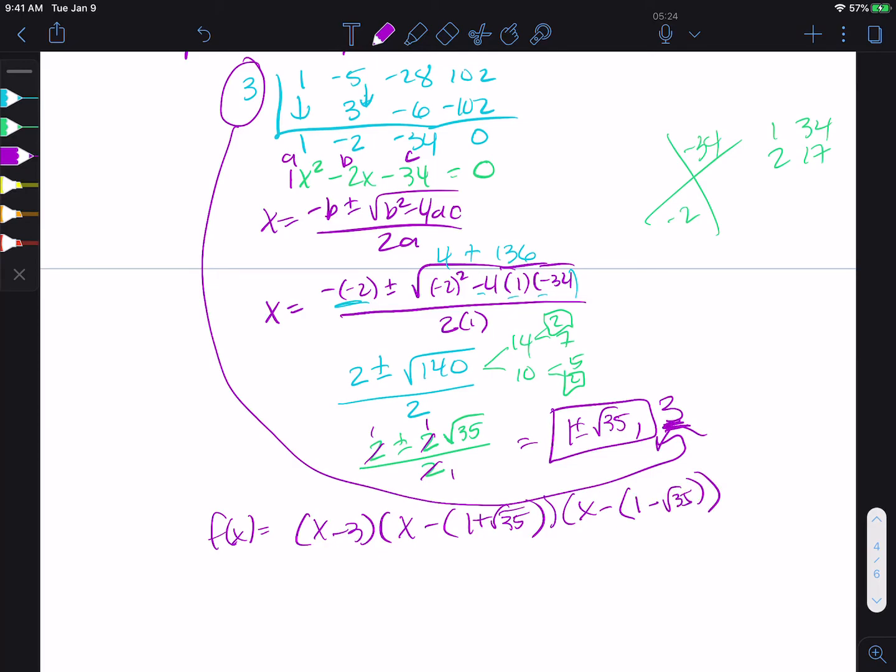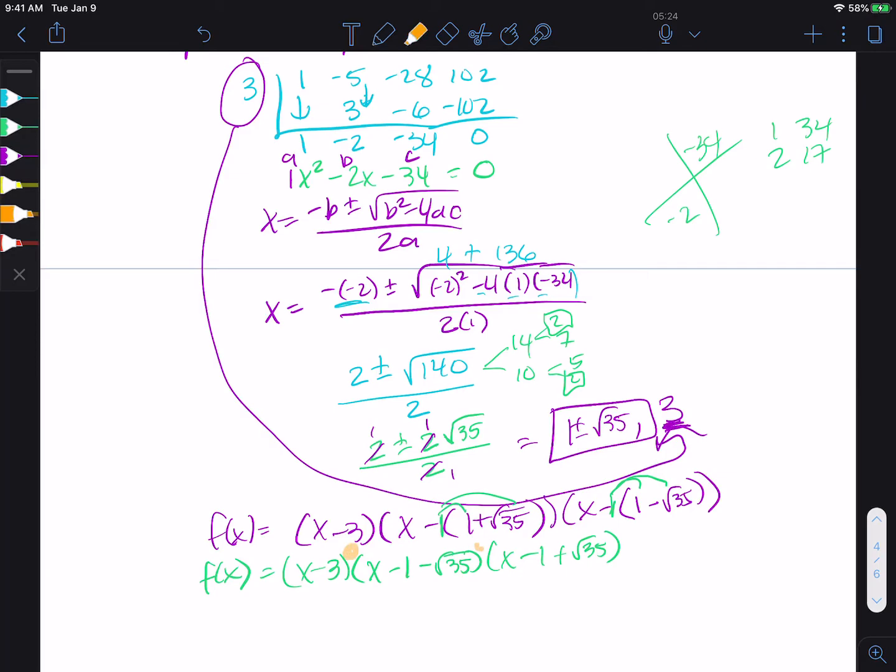Right, so then we just need to distribute this negative here. So this will be x minus 3 times x minus 1 minus root 35, and x, and then this will be minus 1 and then plus root 35. So if we wanted to write it in factored form, this is the way that you could write it in factored form.